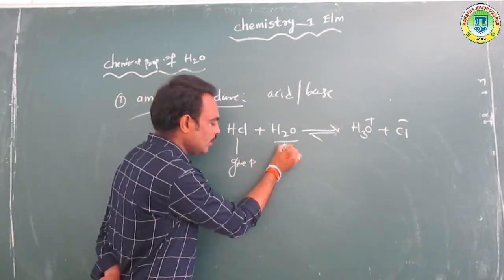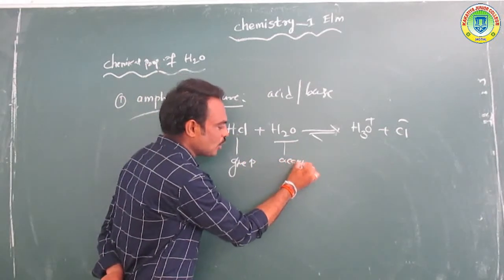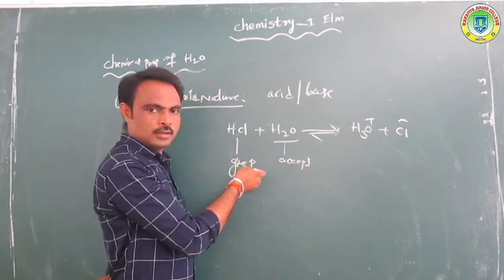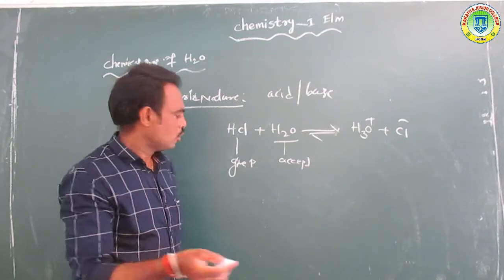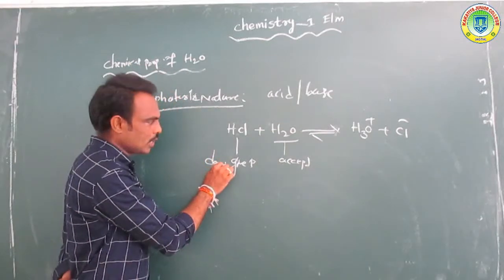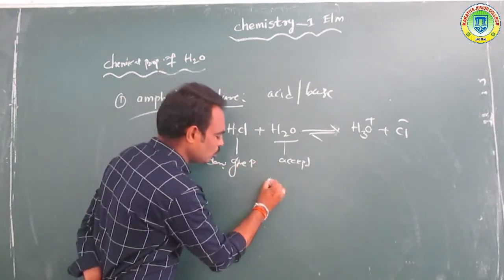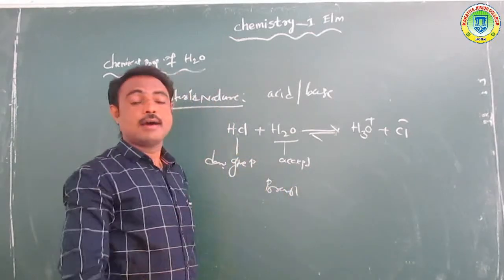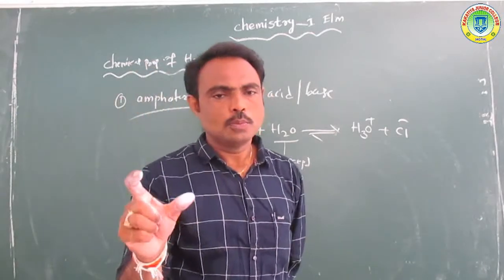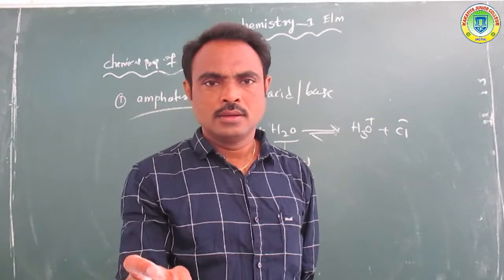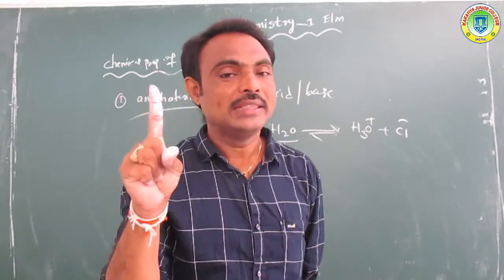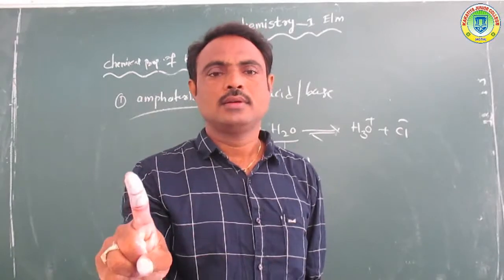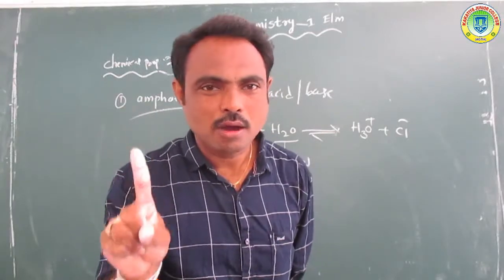So HCl donates the proton. According to the Bronsted law, the compound that donates the proton is called an acid.